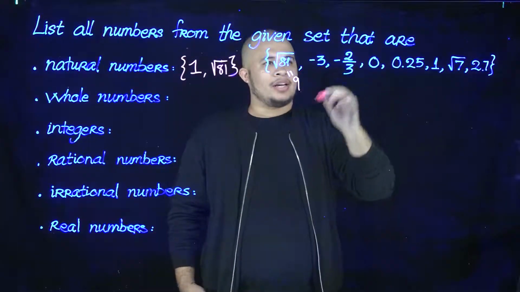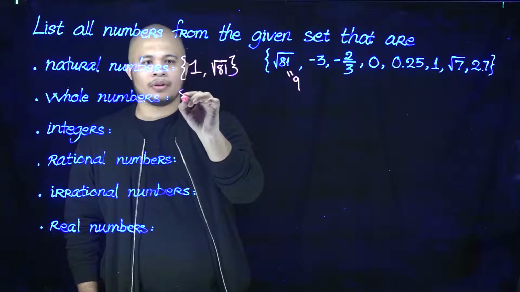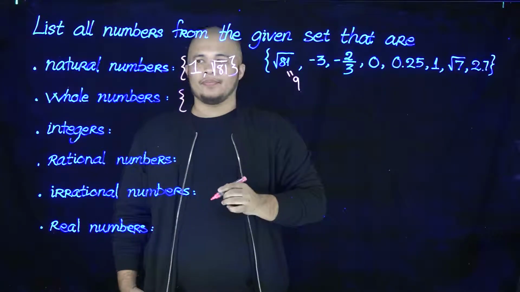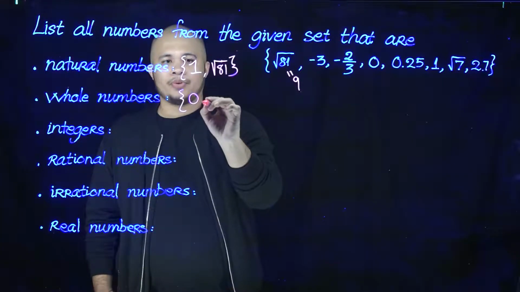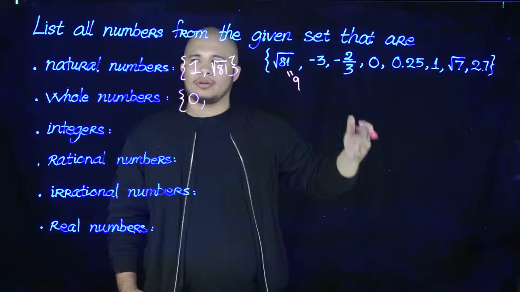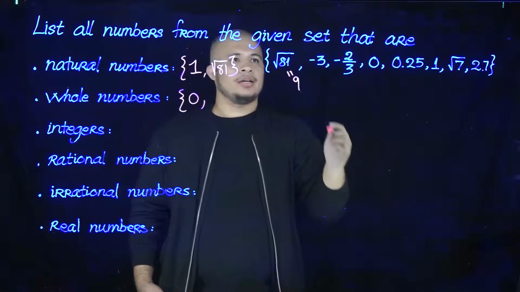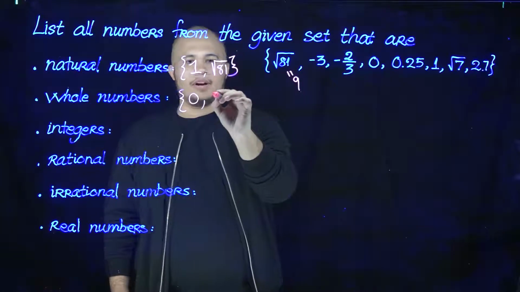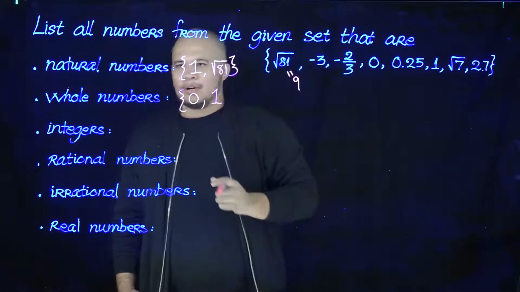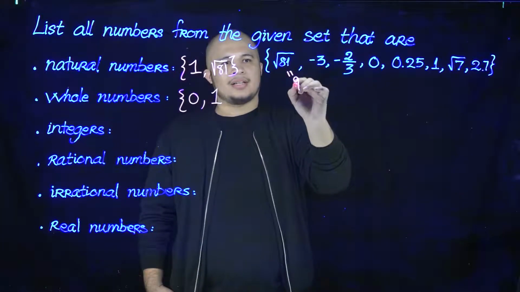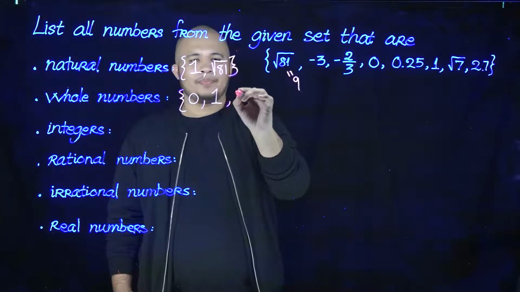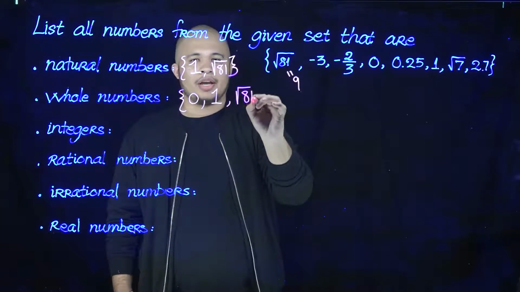So I identify a 0 in my whole number set. So we have 0, 1, 2, 3. That's the whole number set. And out of this, I identify 1. And again, just keep in mind, the square root of 81 is 9. 9 is a whole number. Square root of 81 goes here.